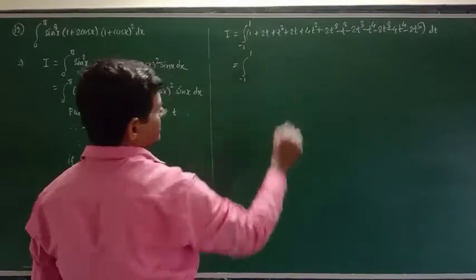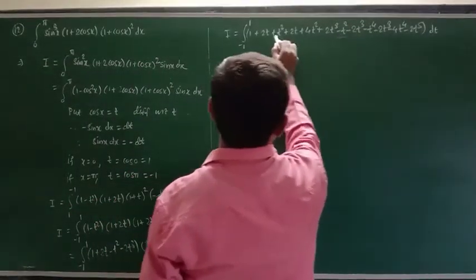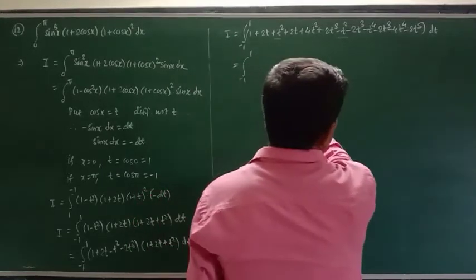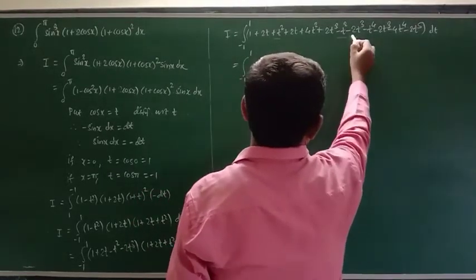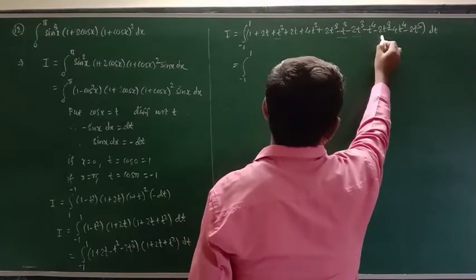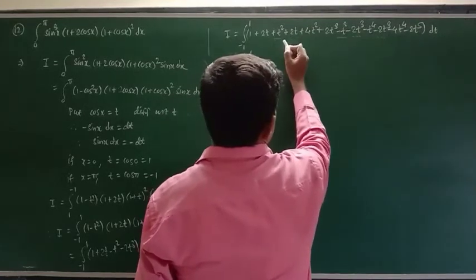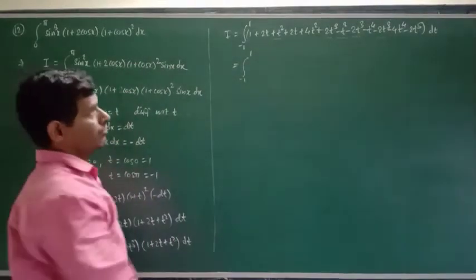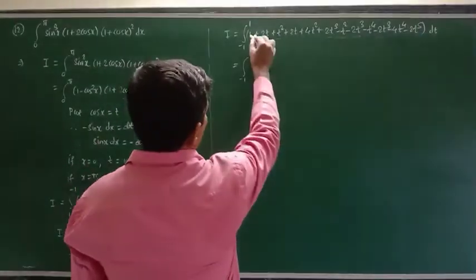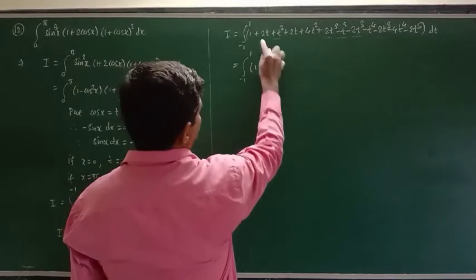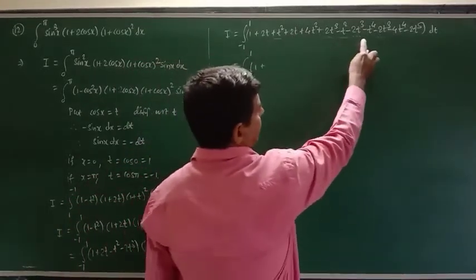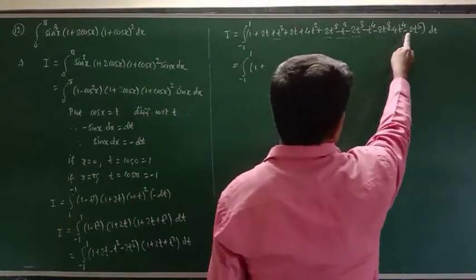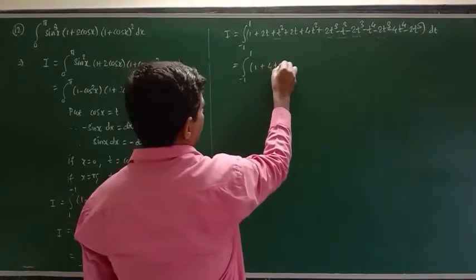Do the calculation of similar power terms. So here minus t square plus t square get cancelled. Okay, then minus 2t cube, minus 2t cube and plus 2t cube. Minus 2t cube plus 2t cube terms get cancelled. Constant term is 1, plus 2t plus 2t, 4t, okay, only 4t term is there.